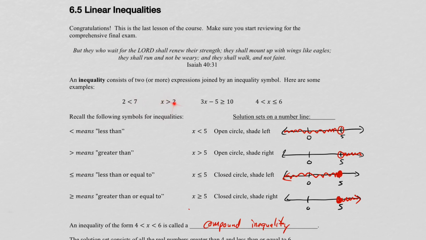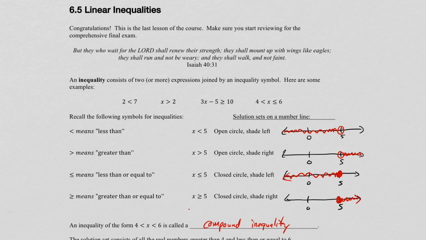Okay, x is greater than 2, but we don't know what those are, so this is just saying what the solutions are for x. So x could be 2.1, it could be 2.9, it could be 3, it could be 100, it could be 1,000,000, and it just goes forever to the right. This is another example of an inequality.